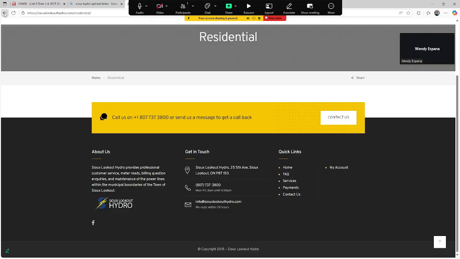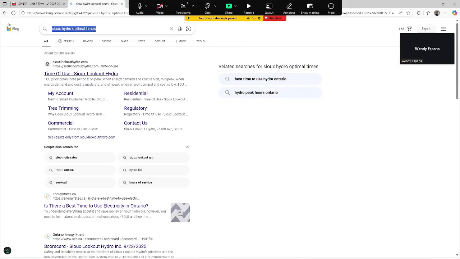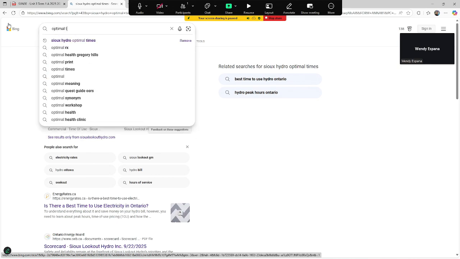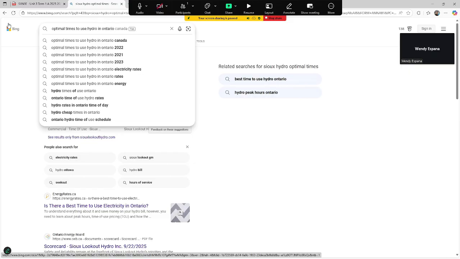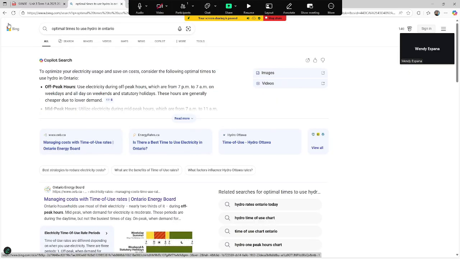It's not going to give us the actual hours. Okay, let's just do optimal times to use hydro in general in Ontario, let's say. Okay, let's have a look. Okay, here we go.